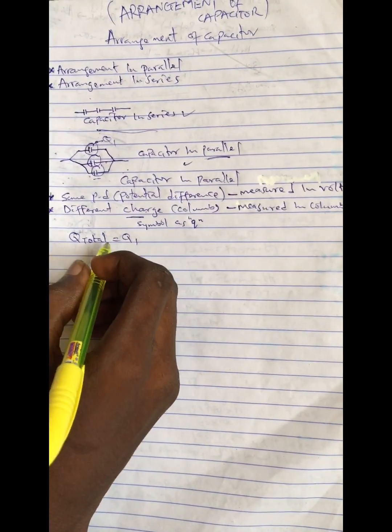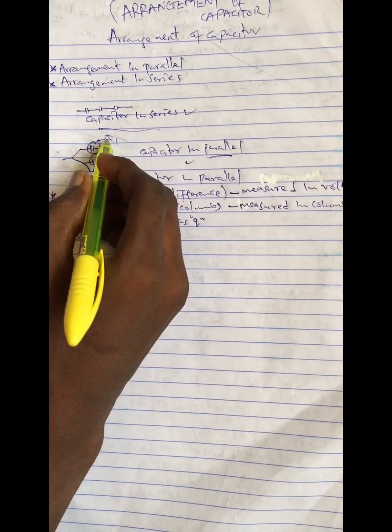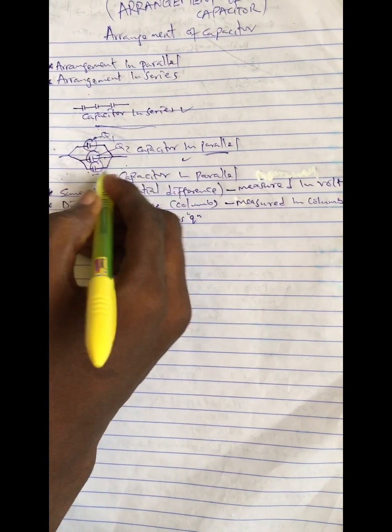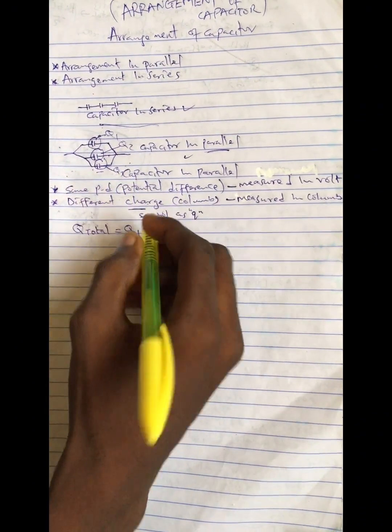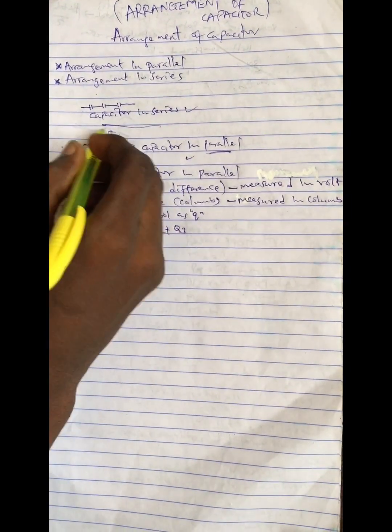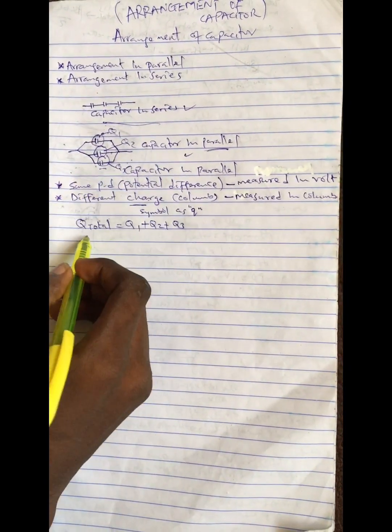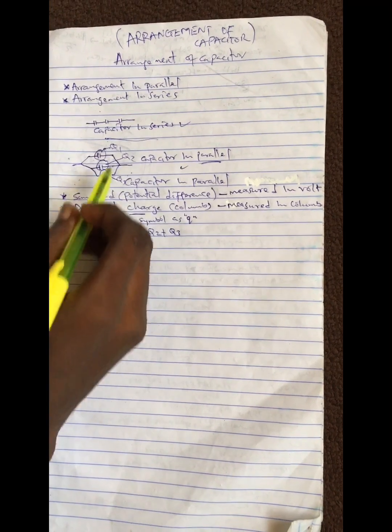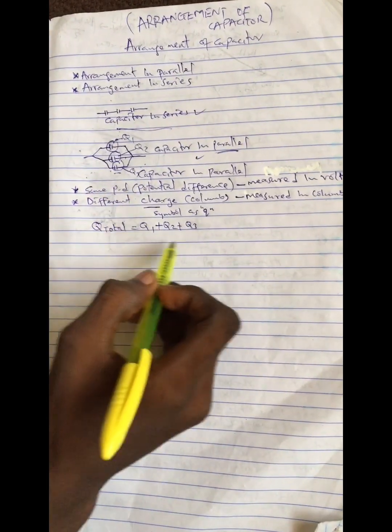So the total charge is equal to Q1, this Q1, this Q2, and this Q3. Q total is equal to Q1 plus Q2 plus Q3.